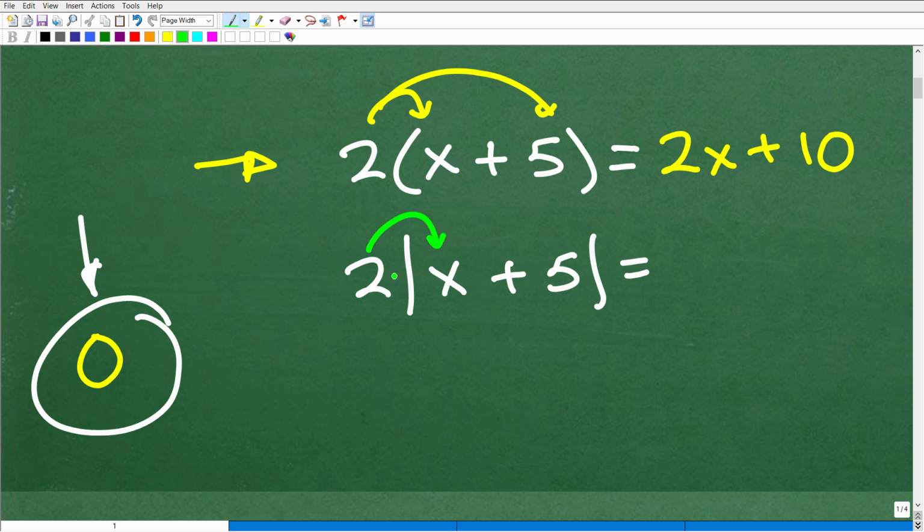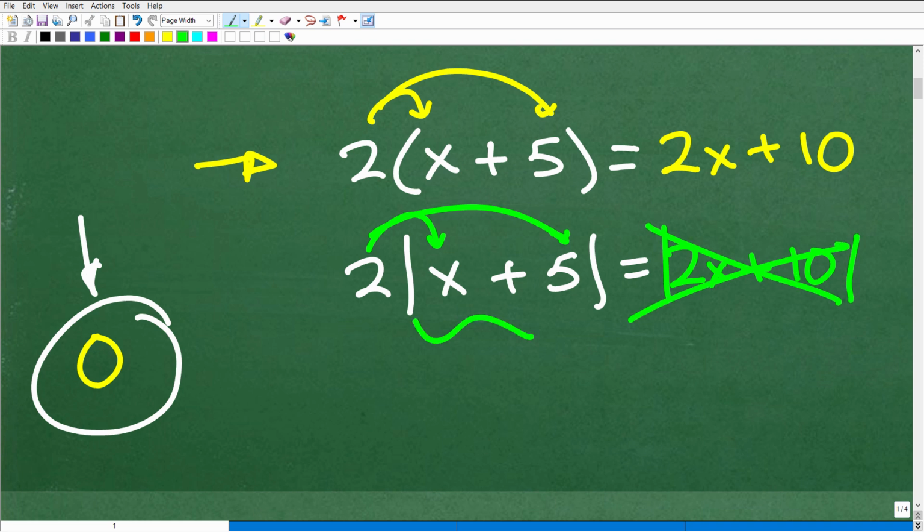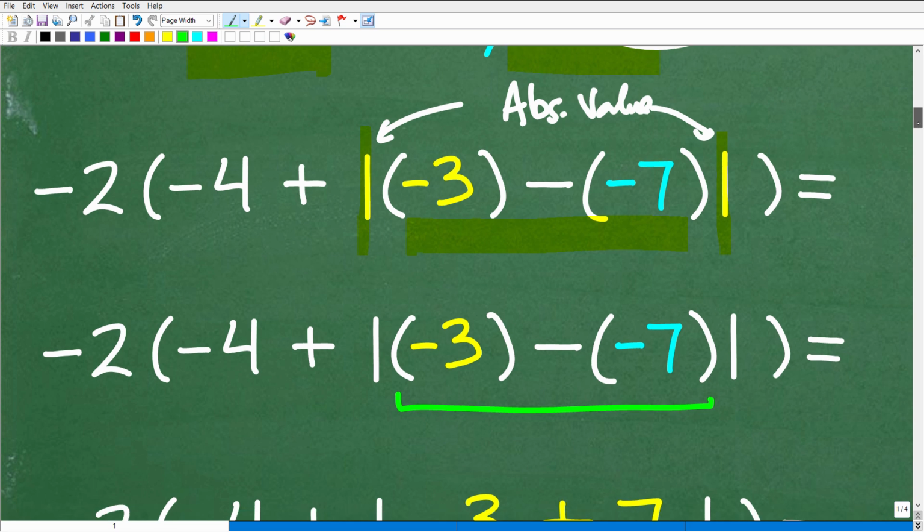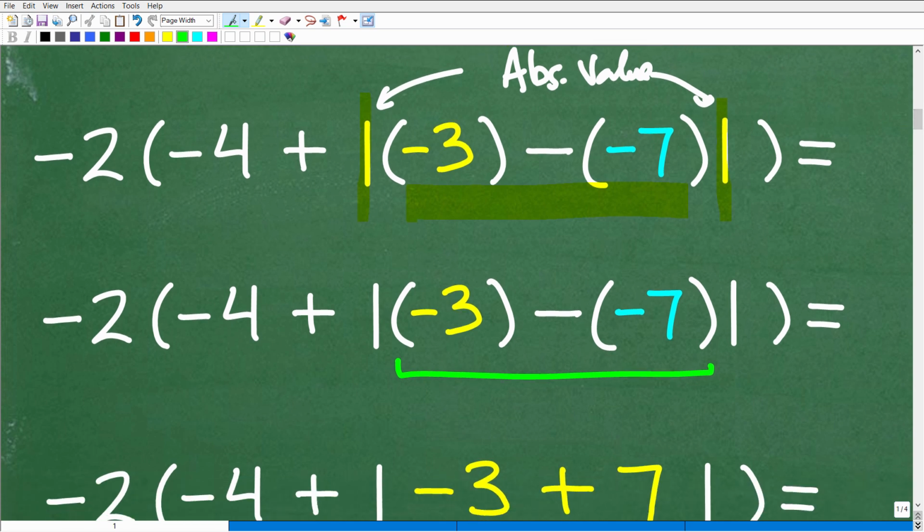In other words, you can't go like this: 2 times x plus 2 times 5, which is 10, right? You cannot do this, right? That's not like this. So don't make that mistake, okay? So whatever is inside the absolute value function, you have to work with that separately, all right? So just really want to emphasize that as we get into this problem.